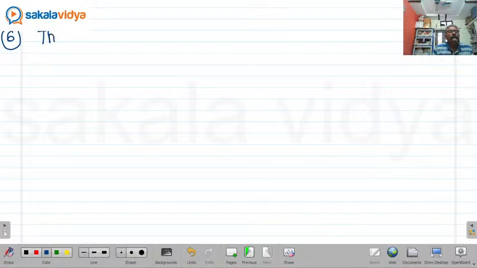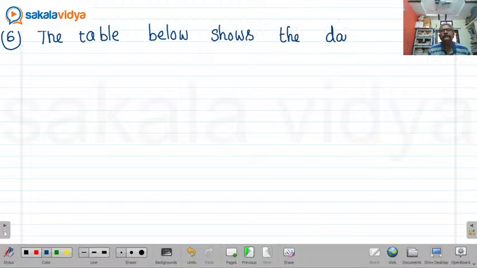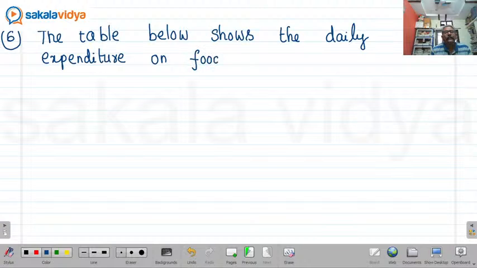The table below shows the daily expenditure on food of 25 households in a locality.